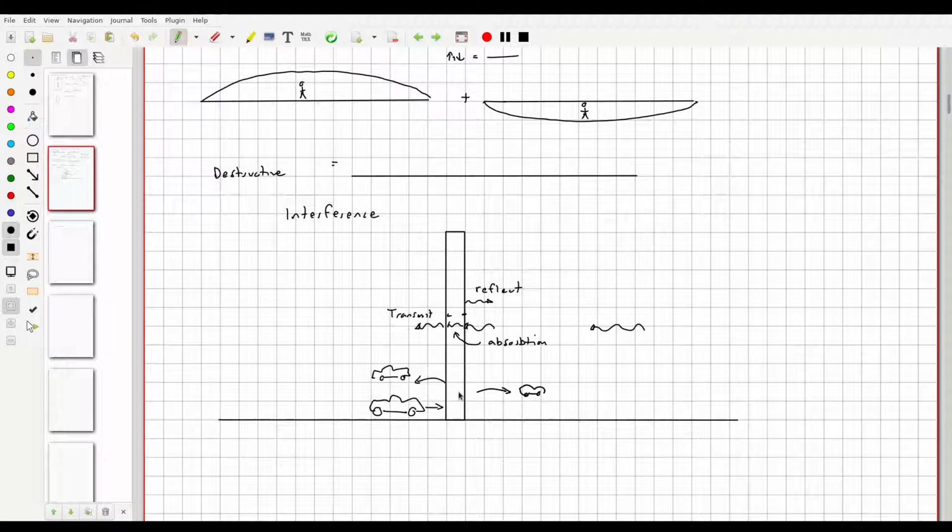And the car is not absorbed partially by the wall itself. So again, you have the ability of a wave to do something that solid objects don't. Okay? So they can transmit, they can reflect, and they can be absorbed.